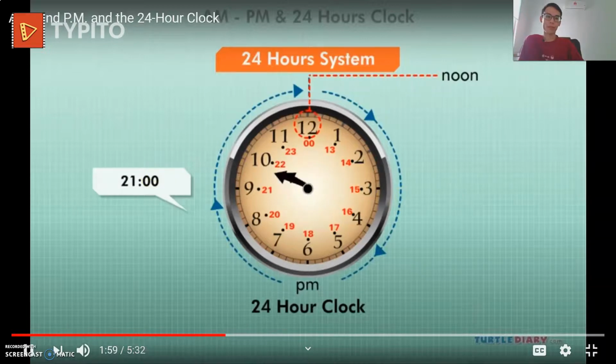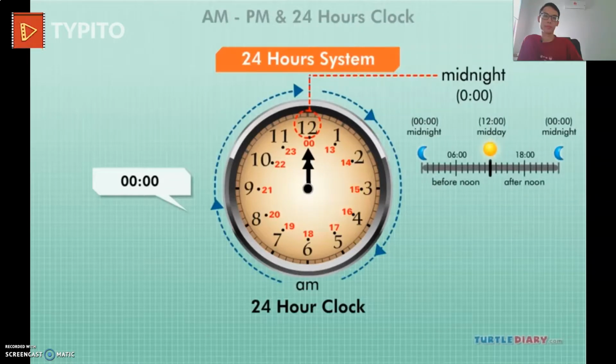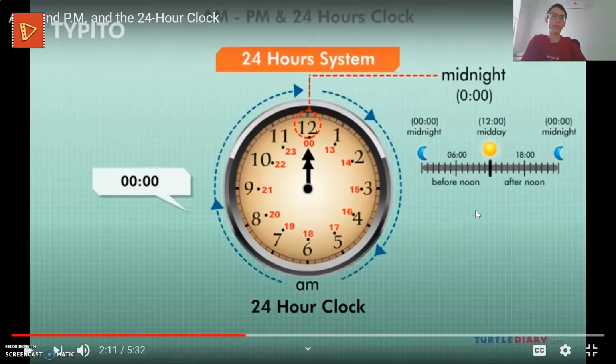Time goes all the way up until 2400 midnight, which can also be called 0000 because it is the start of the next day. Okay, bila tengah malam, 12 tengah malam juga merupakan hari yang baru. When the clock reaches 12 midnight, it's already a new day.